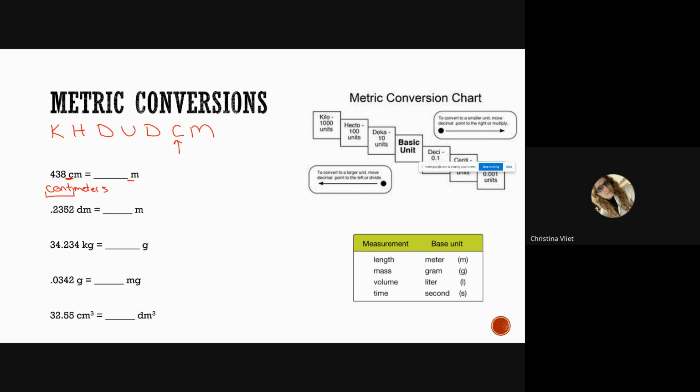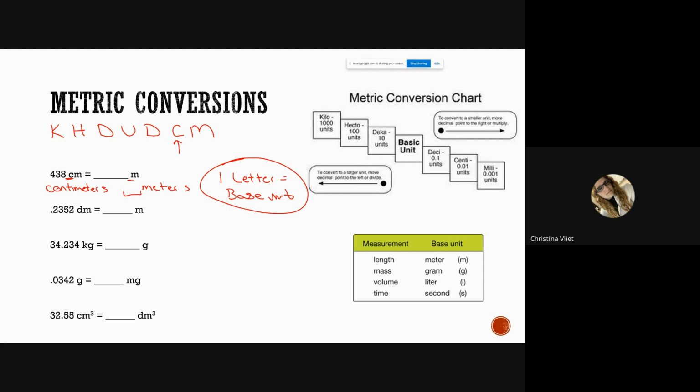Centi is a prefix. This is meters. There is no prefix. One letter means you're in the base unit. So you may want to write that down. Where are we going? To meters. To units. We're going to here.